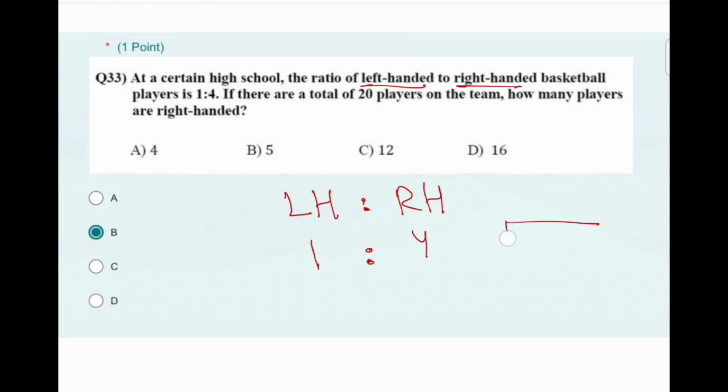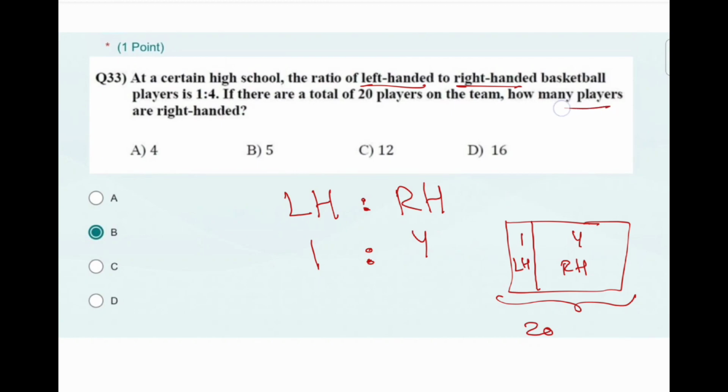So if you have a class, for every one left-handed, we have 4 right-handed players. So if the total number of players is 20, how many players are right-handed? So how many right-handed, as I said before, is RH over RH plus LH. This is the ratio, the fraction.